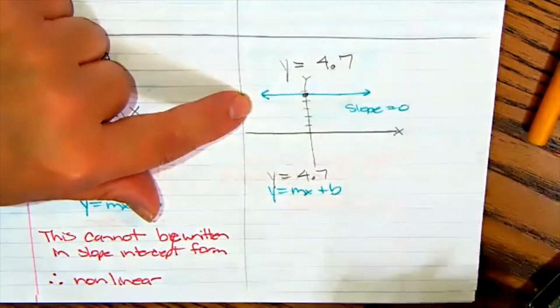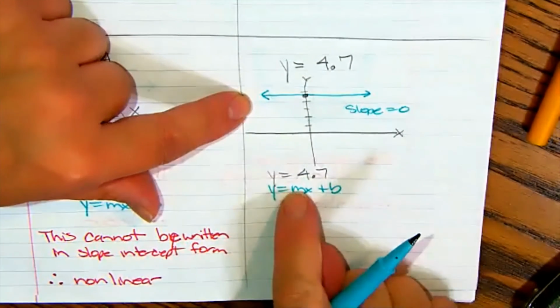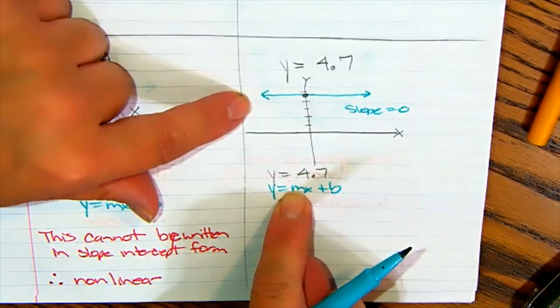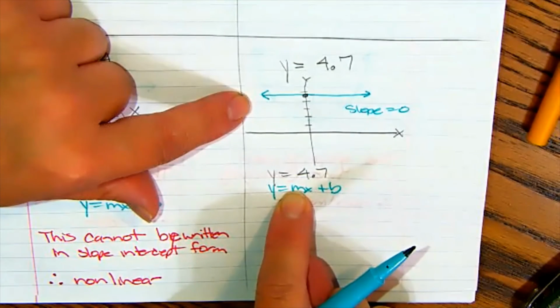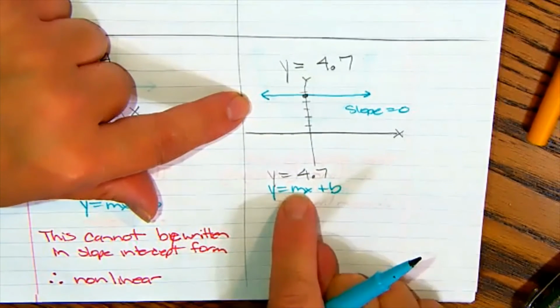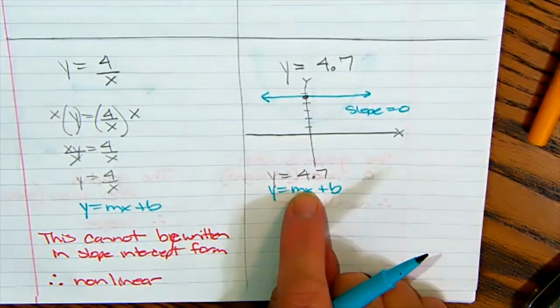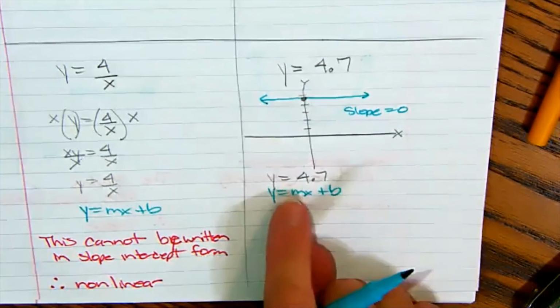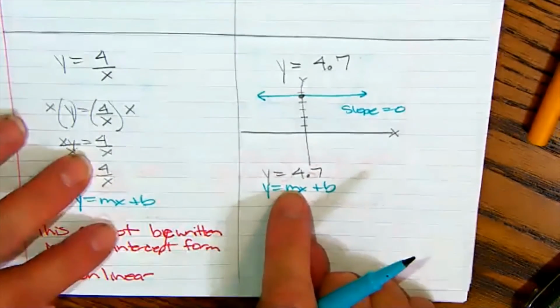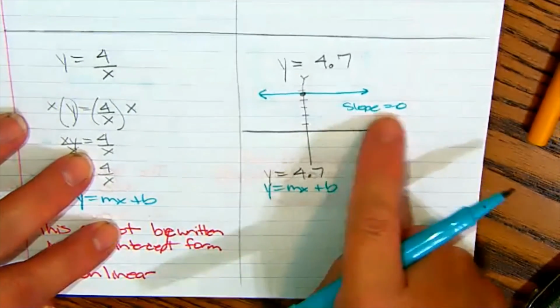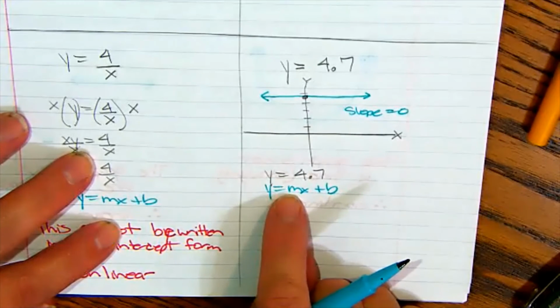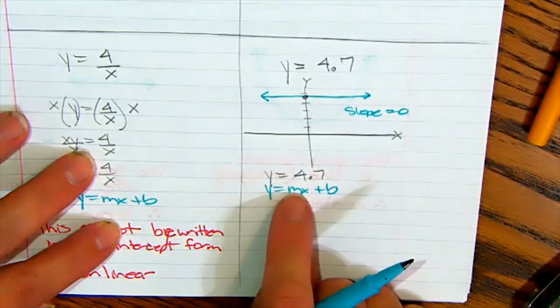Therefore, m is 0. Remember, anything times 0 is 0. So if the slope is 0, my m is 0, and that means the mx term is 0, because anything times 0 is 0.